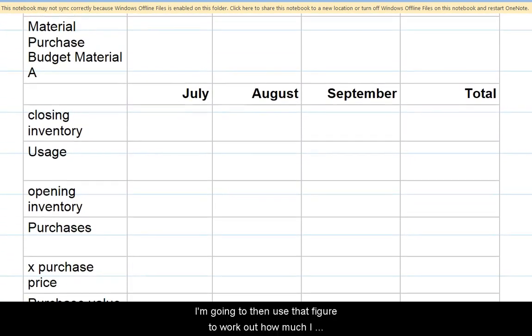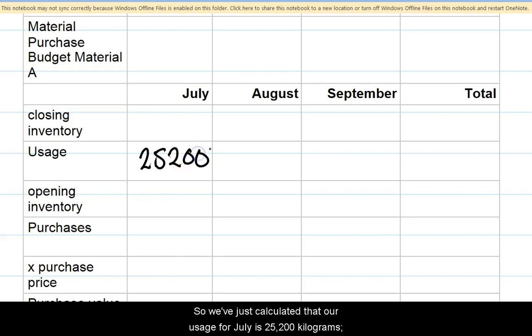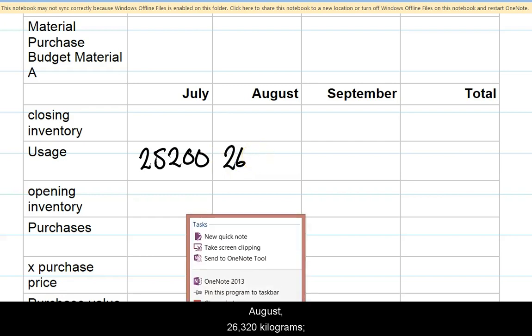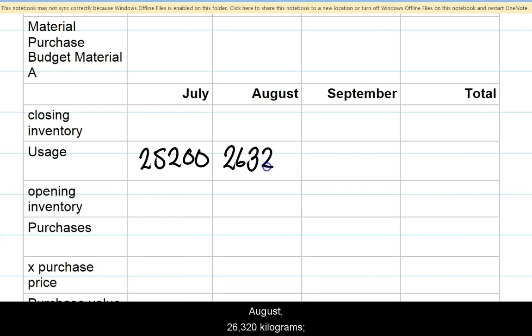I'm going to then use that figure to work out how much I need to buy, and I'm going to do material A in one fell swoop. So we've just calculated that our usage for July, 25,200 kilograms. August 26,320 kilograms.